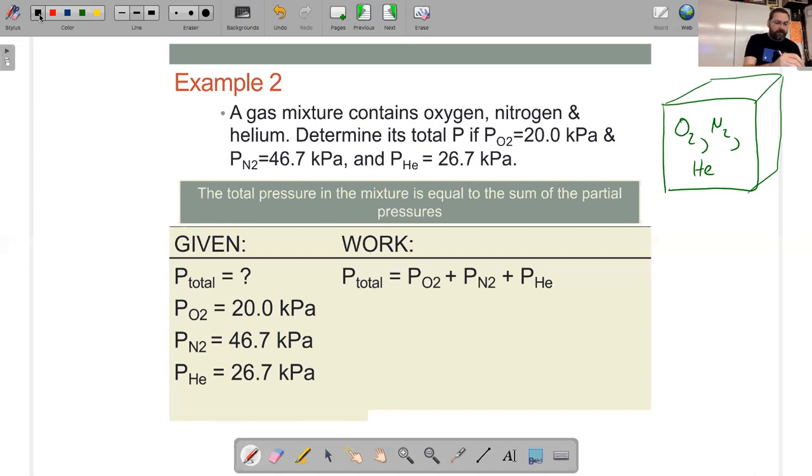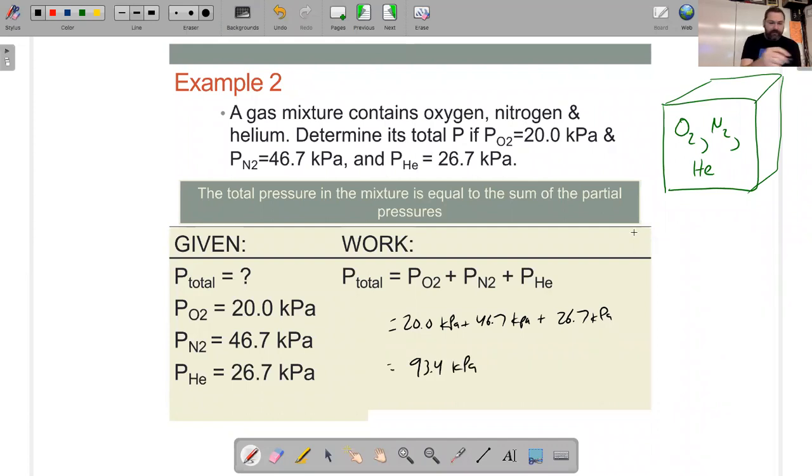The total pressure is just the sum of those: 20 kilopascal plus 46.7 kilopascal plus 26.7 kilopascal. So we've got 66.7 and 26.7 comes out to be 93.4 kilopascal.